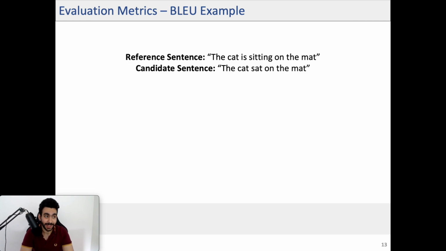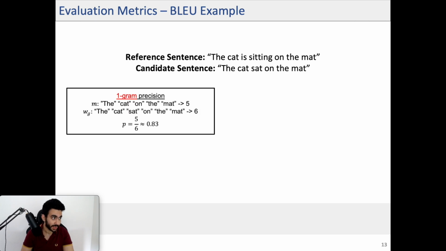And the candidate sentence provided by the system would be the cat sat on the mat. For the 1-gram precision, we want the number of n-grams in the reference sentence that appear in the candidate sentence. In our example, that is the, cat, on, the, mat, which accounts to 5. So m here is going to be 5, and WG, the number of n-grams in the generated summary, is going to be 6.